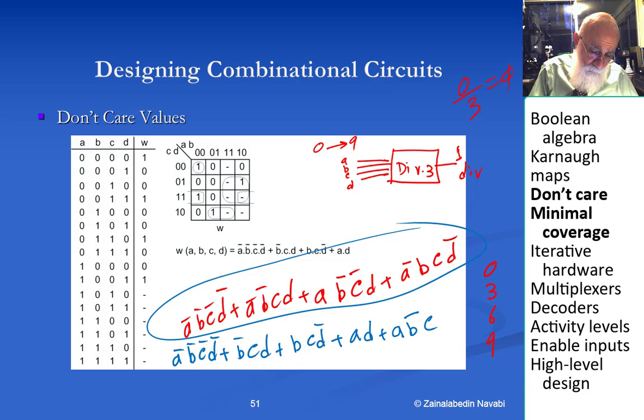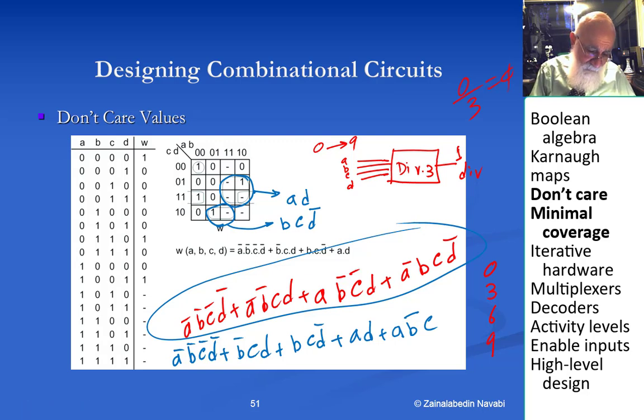I look at this one over here and find 3 dashes next to it, and I find that, okay, this is a good map. I'm gonna use this, and I'm gonna treat the 3 dashes as ones, and therefore this becomes A, D. I'm gonna look at these and say, well, this and the dash beside it are good, and that's gonna give me B, C, D bar.